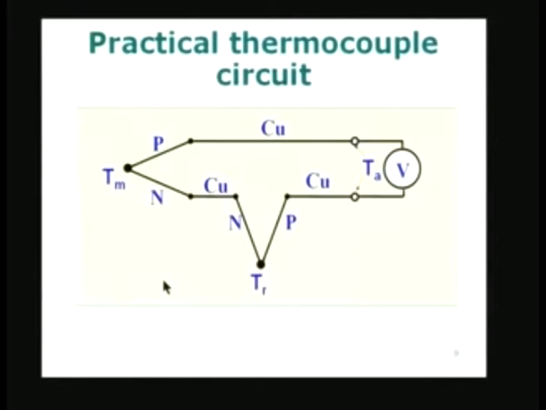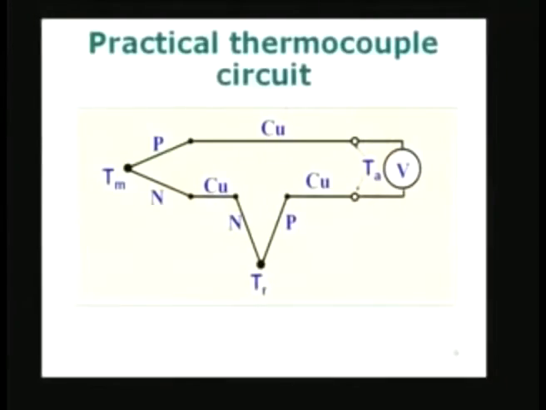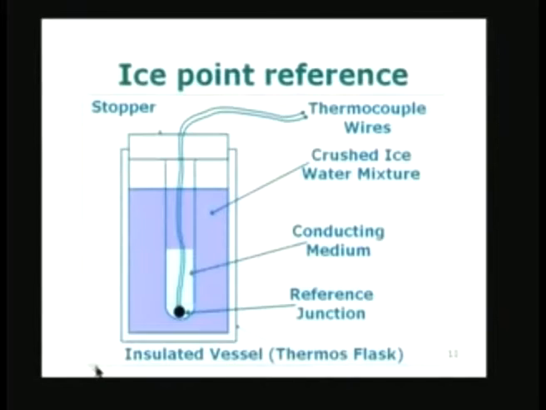Now, to continue with the discussion, if you remember the simple thermocouple circuit, we have a measuring junction, you can see here, and we have a reference junction, and the reference junction has to be maintained at a constant temperature equal to the ice point. So, we require an ice point apparatus, or something which will provide the ice point, and it can be done by a simple arrangement like this.